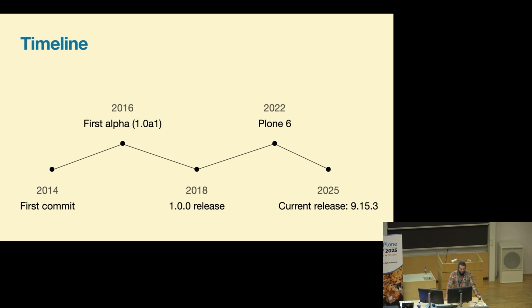And so he made a first commit to the plone.rest API repository in 2014, sort of coming out of some of the experiments with AngularJS, I think. And then the first release was a couple years later in 2016.